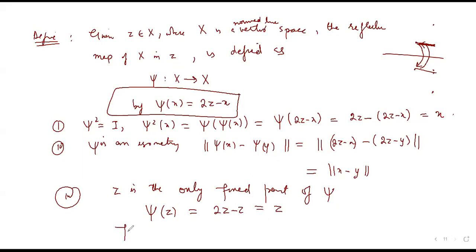For if psi of u is equal to u, it would imply that 2z minus u is equal to u, which would obviously mean z is equal to u. So it has a unique fixed point, that is where we are reflecting from.